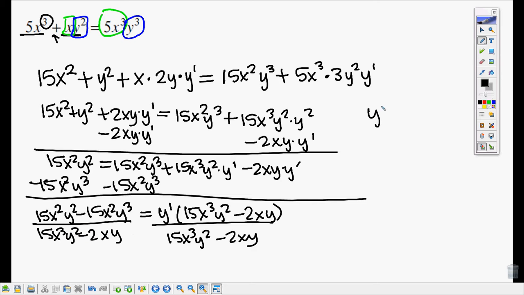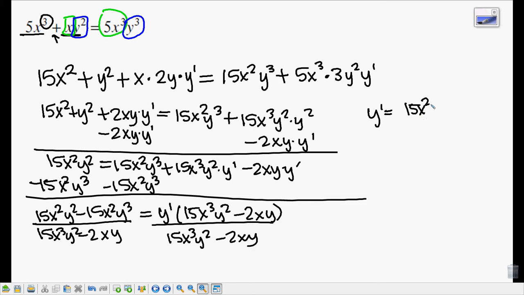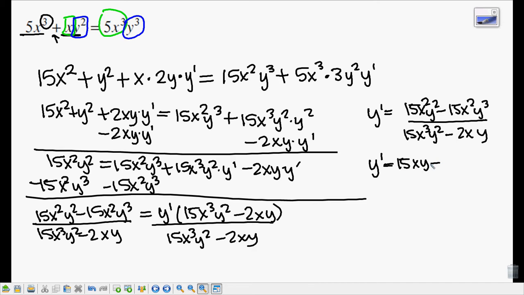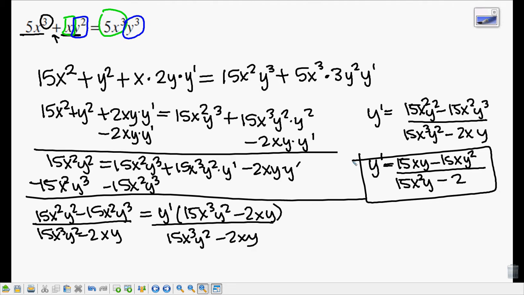So I have y prime is equal to 15x squared y squared minus 15x squared y cubed all over 15x cubed y squared minus 2xy. And you have a factor of y and a factor of x that you can take out of everything. So that's going to drop me by a degree. So I have 15x squared y minus 2. And that's going to be my final answer.